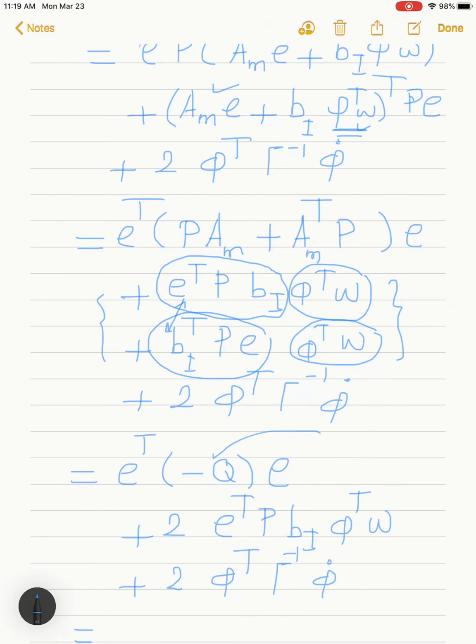Now here I made the substitution P AM plus AM transpose P equals minus Q, and this is correct since AM is a stable matrix. It has stable eigenvalues, so the Lyapunov equation is fulfilled, and I can replace that sum by minus Q, where Q is some positive definite matrix.